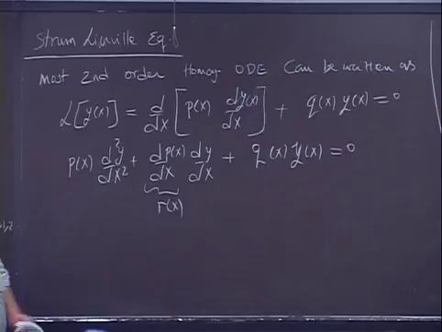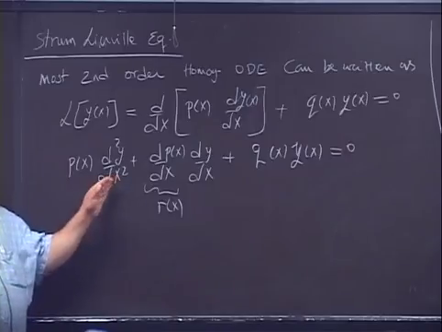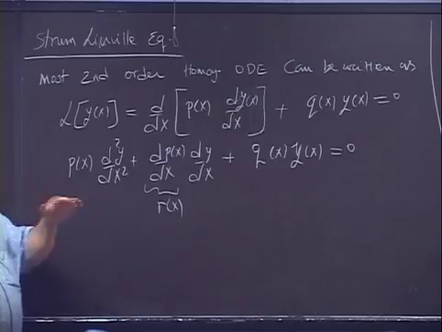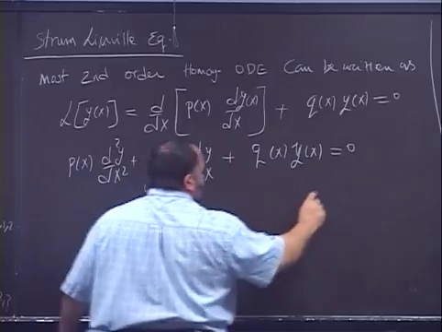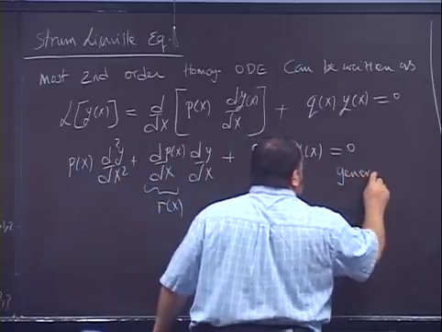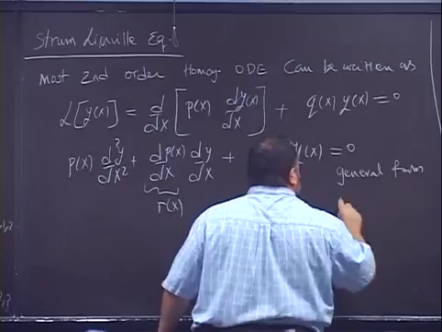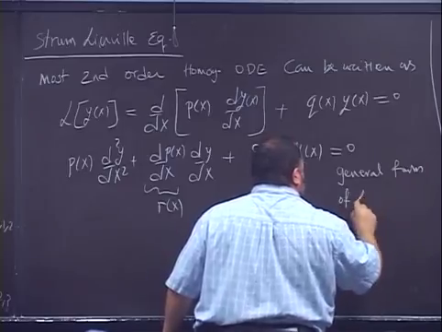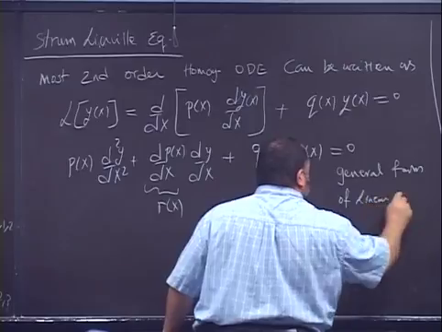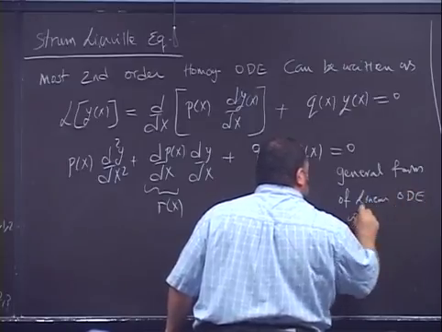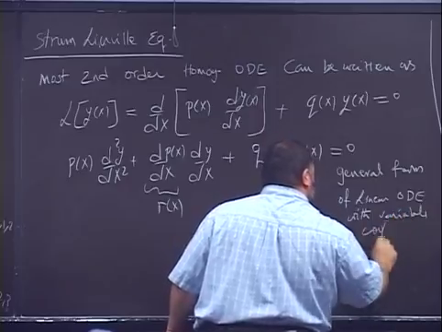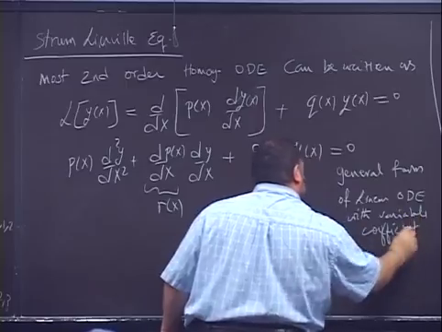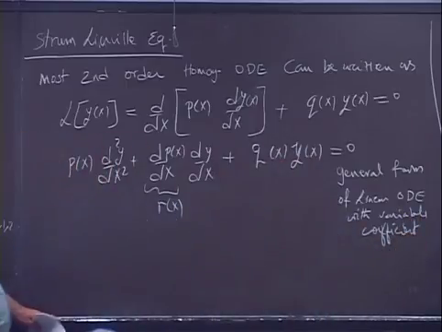So this is the general form of a second order differential equation, the general form of a linear ODE with variable coefficients.